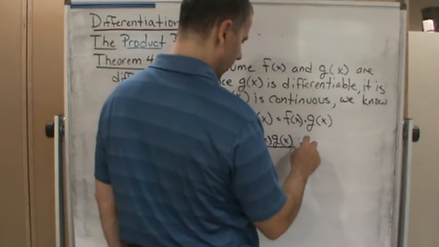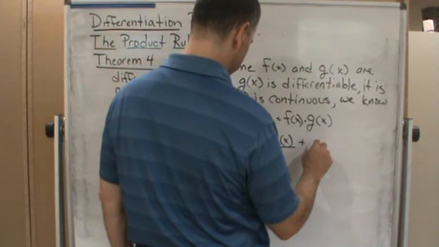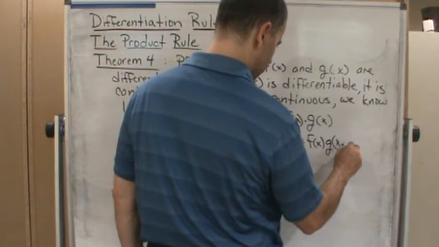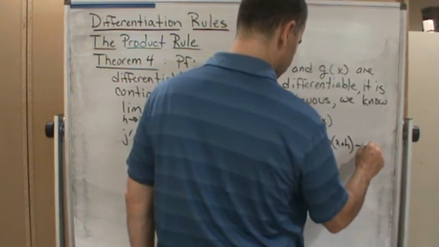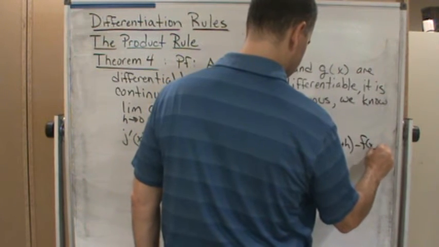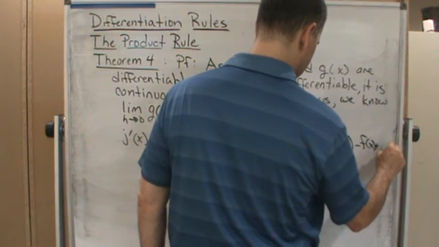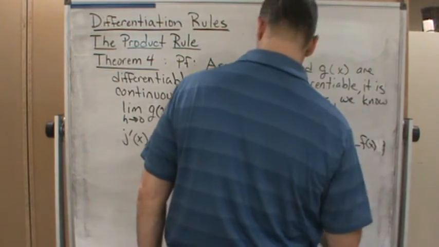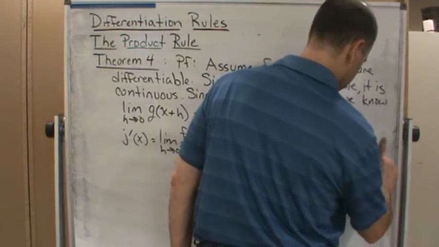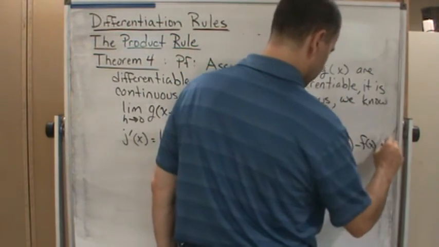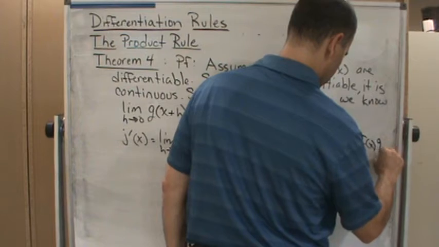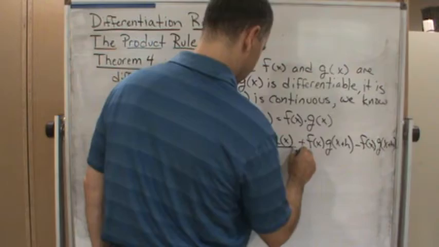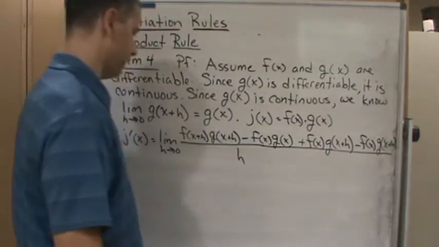So let's add f of x times g of x plus h minus f of x times g of x plus h, okay? And so then it becomes that, okay?